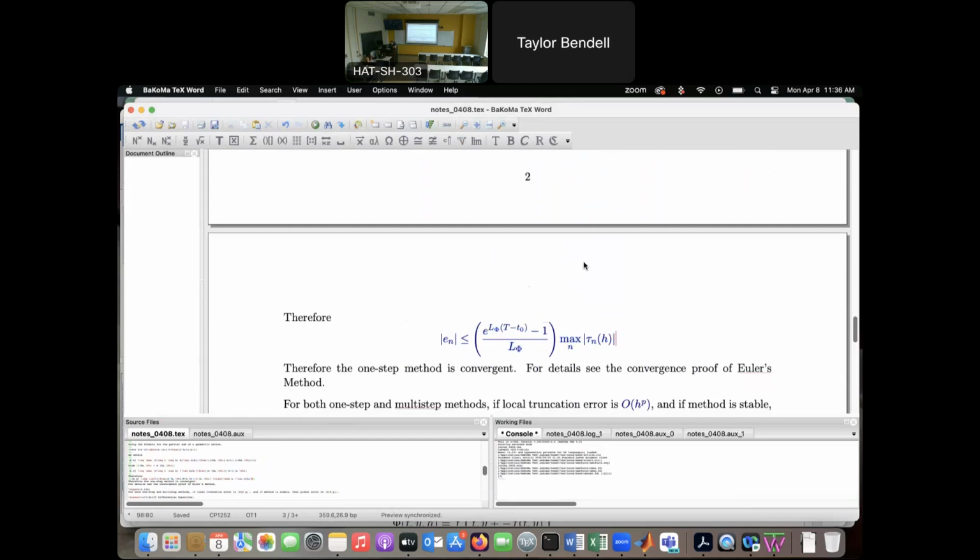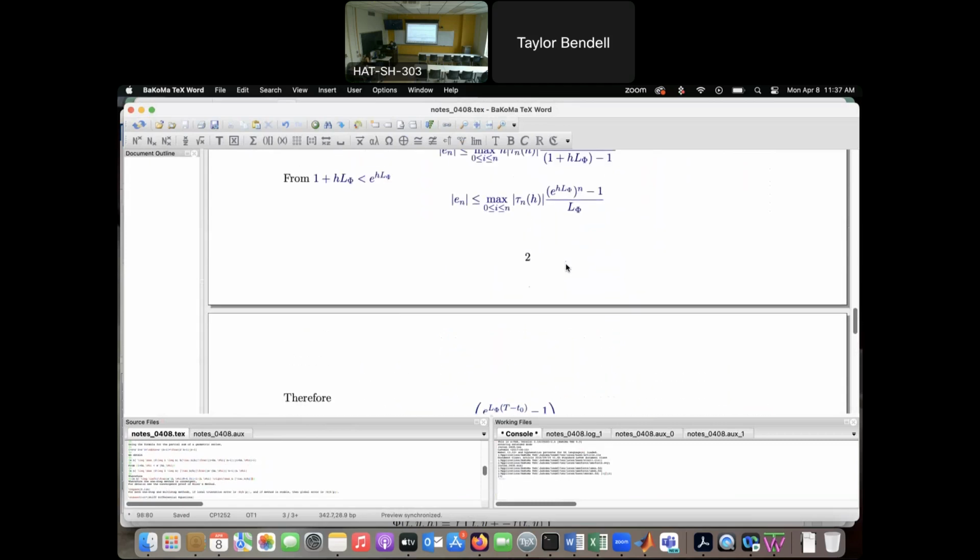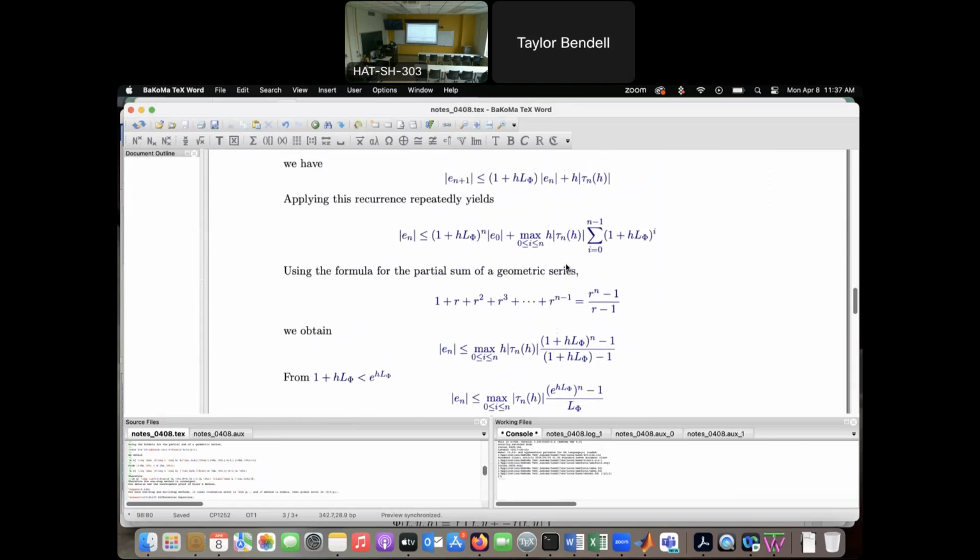Okay, I realized I was a bit slipshod because I was editing a proof that needs to be edited. At least there's a chance to fill in some details. Actually, I want to clean up some notation here. This should be tau i at h. I'm taking the maximum of all local propagation errors over all steps, i going from 0 to n.